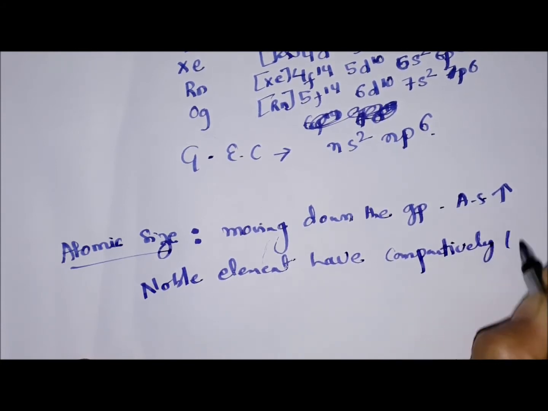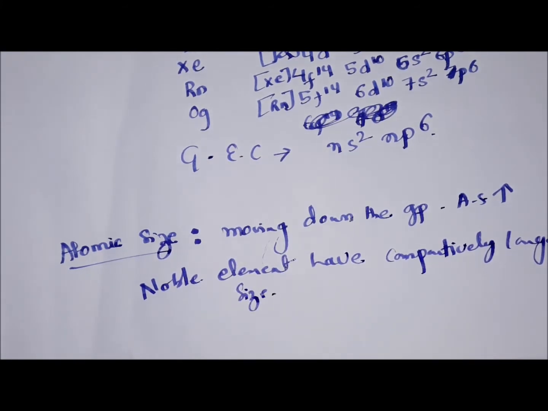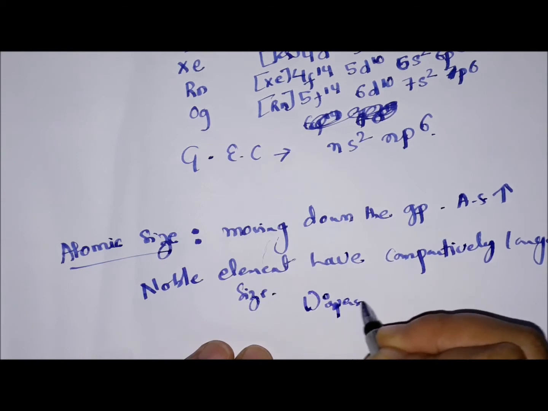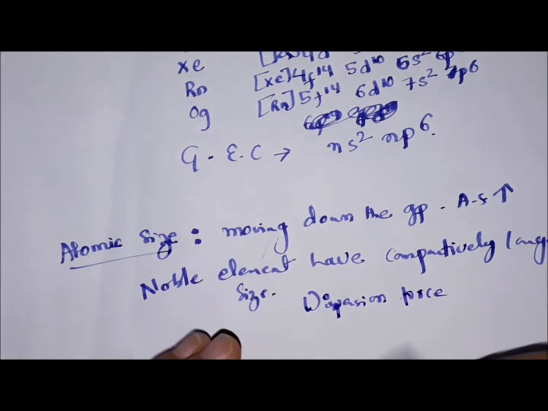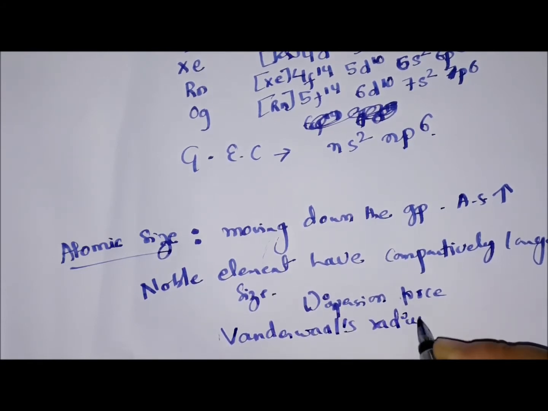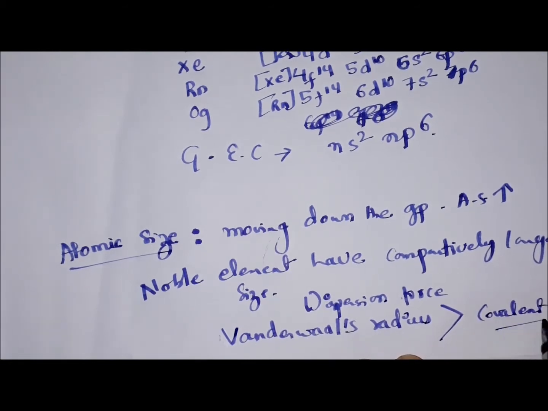The interaction between them is dispersion force, London force, van der Waals force, which is weak. Whenever we talk about radius for noble gases, it is the van der Waals radius, and this is greater than the covalent radius.